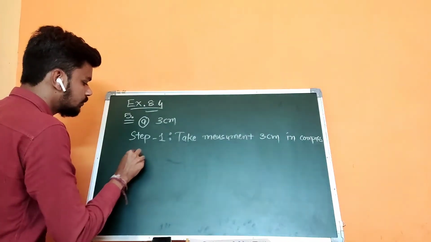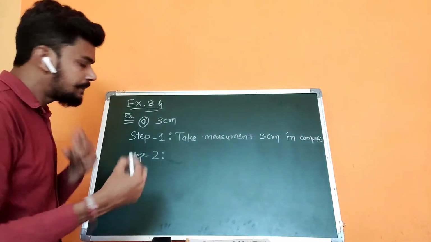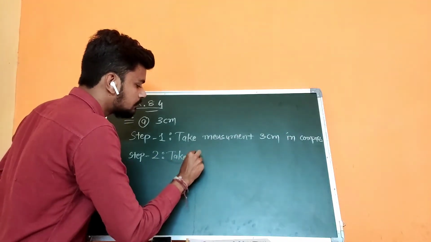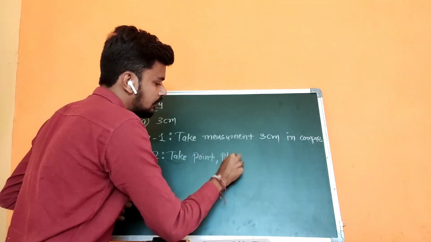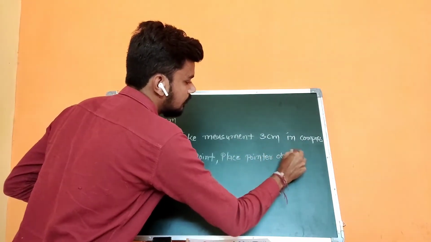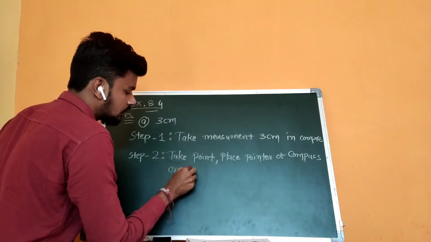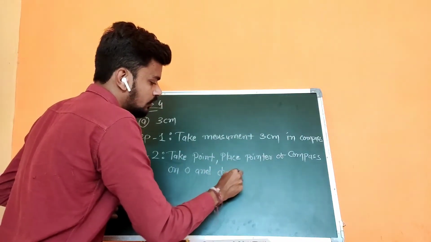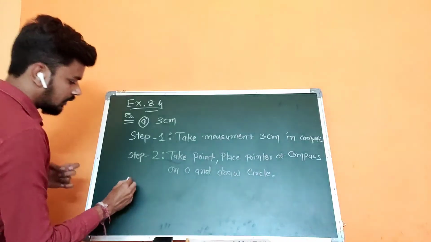Next, step 2: take point O, and place pointer of compass on O and draw circle. Done. And last step.